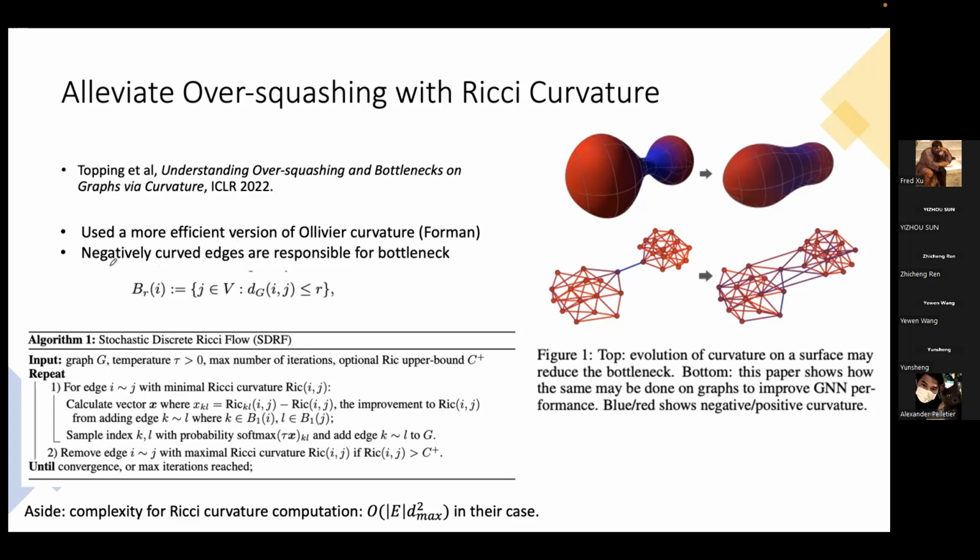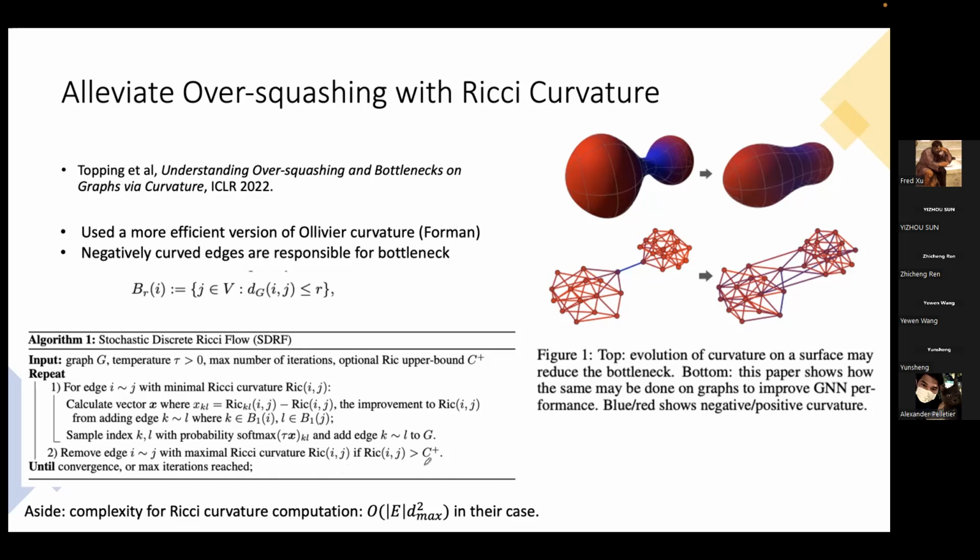But the key observation is that the negatively curved edges are responsible for the bottleneck. They can determine some threshold for how negative it should be to do some graph surgeries. So they add edges when the curvature is too small, too negative, and they sometimes also remove edges when the maximum curvature is too big.